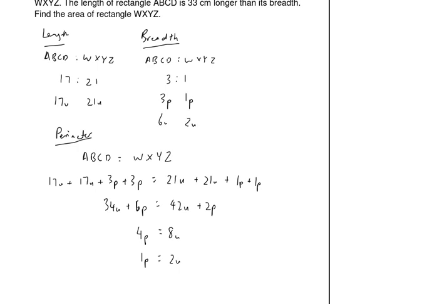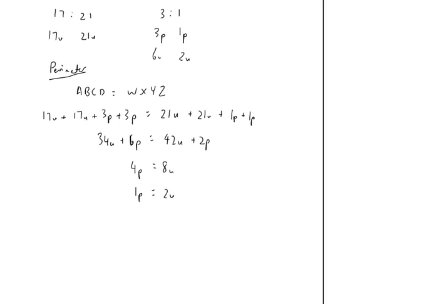So, since the length is 33 cm longer than its breadth, ABCD length compared to ABCD the breadth, am I right to say that 17U minus 6U equals to 33? Okay, so 11U equals to 33, 1U equals to 3 cm.